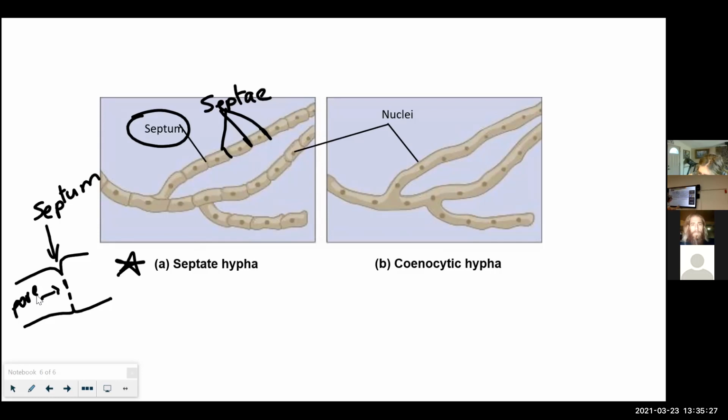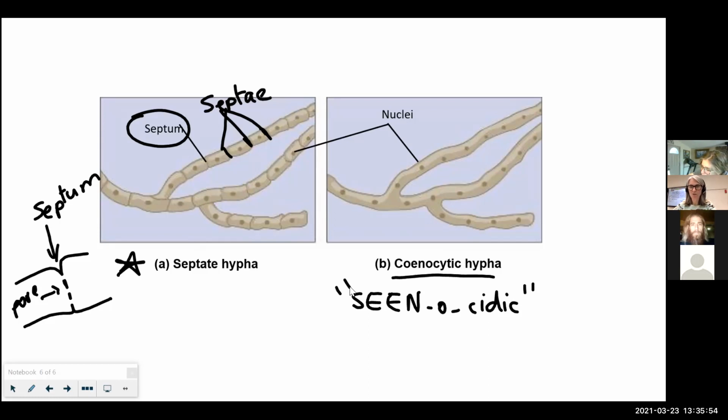All right, the second type is cenocytic hyphae. So you pronounce it like this, cenocytic hyphae. So that's like one giant cytoplasm with multiple nuclei, which should remind you of something, right? Does that remind you of anything?